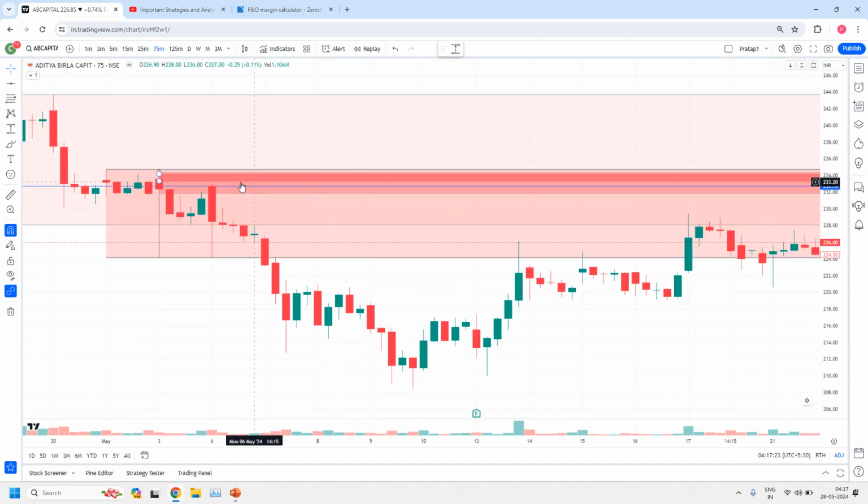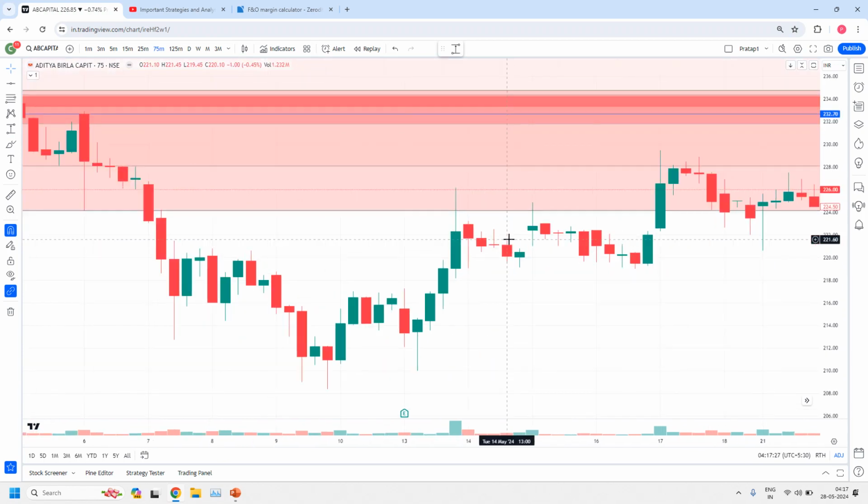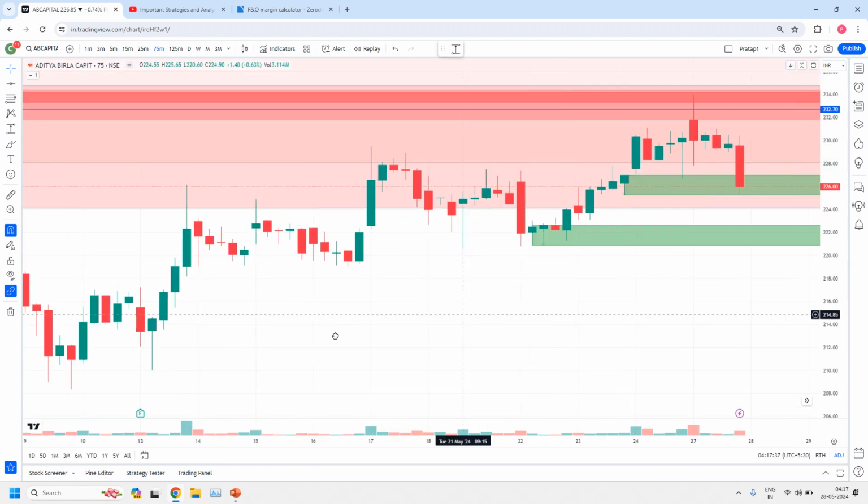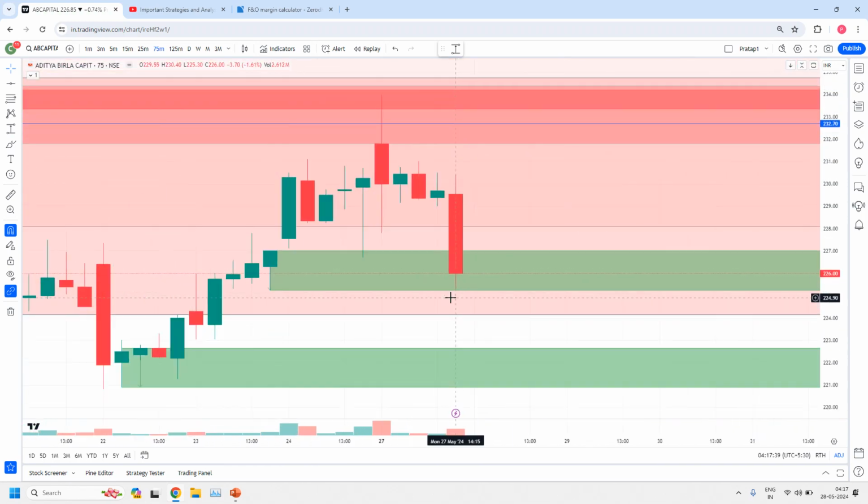See, this 5 minute zone is a little below the distal line of 75. So you have to keep your stop loss at your entry zone's distal line, not the fine-tuned zone's distal line. But still you can use the fine-tuned zone's distal line in special scenarios. I will tell you what that special scenario is.